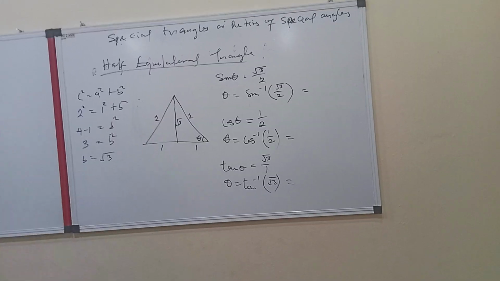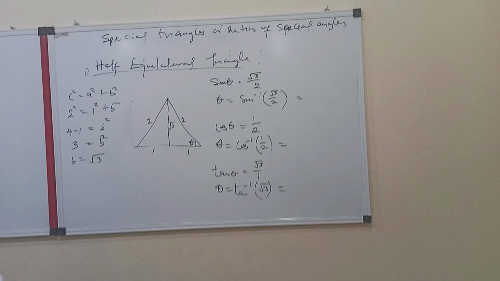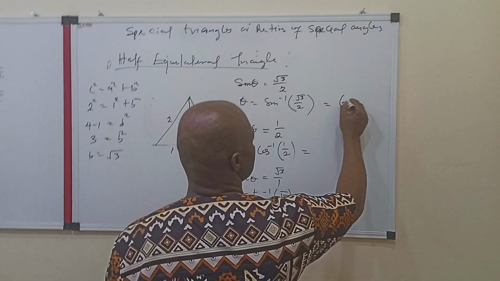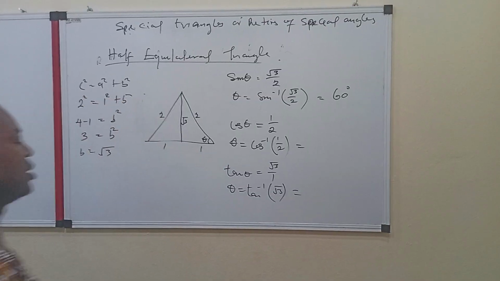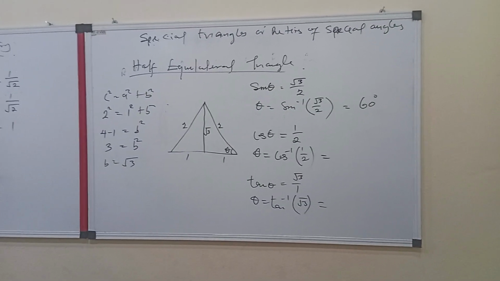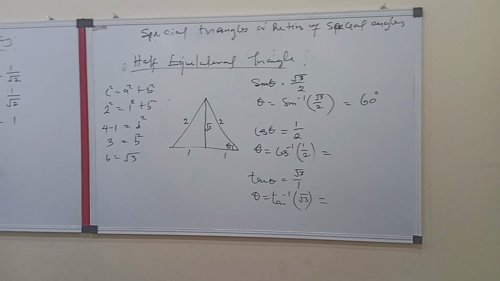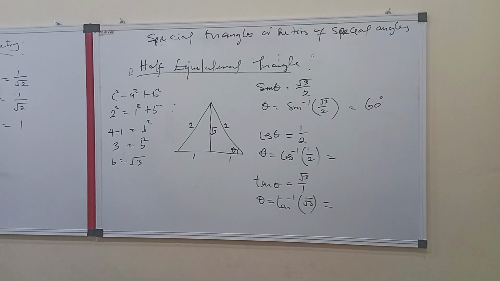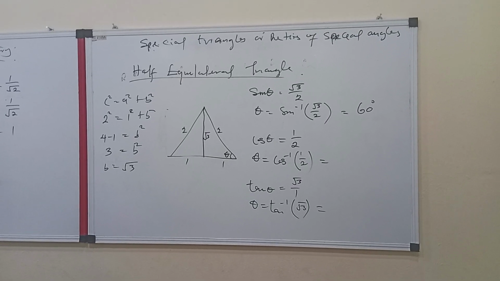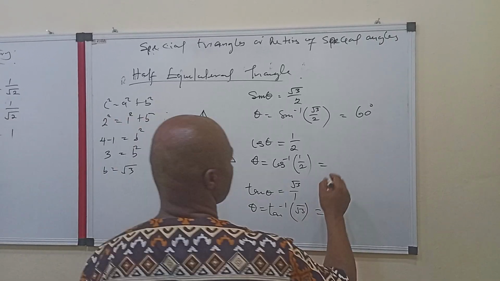Now, if you use your calculator to simplify that, the end result that you're going to have there is 60 degrees. In like manner, if you use your calculator for the cos, you are going to have 60 as well.